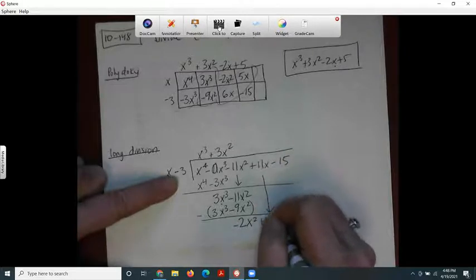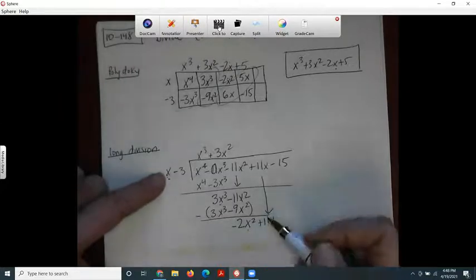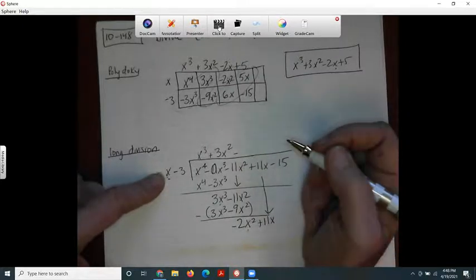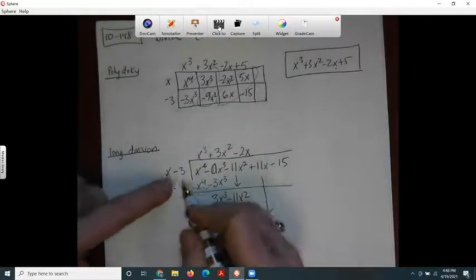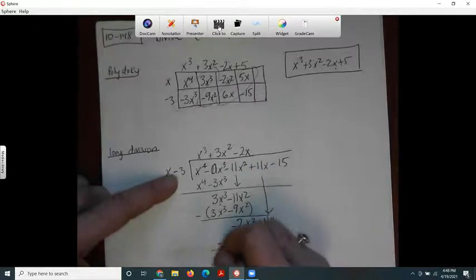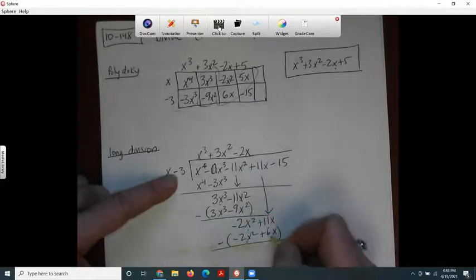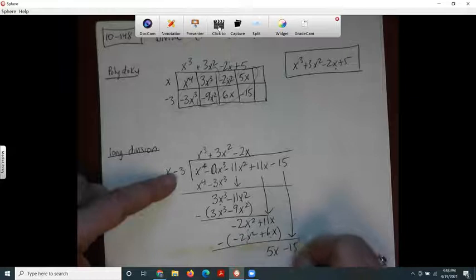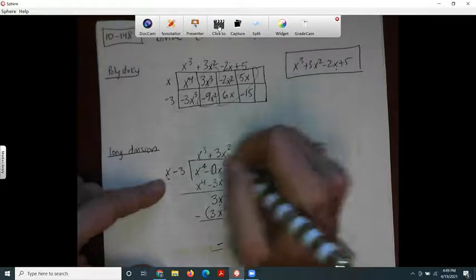X times negative 2x, and negative 3 times negative 2x, those are going to go away, and 11 minus 6. x times, well, this has to be a 5, and negative 3 times 5.